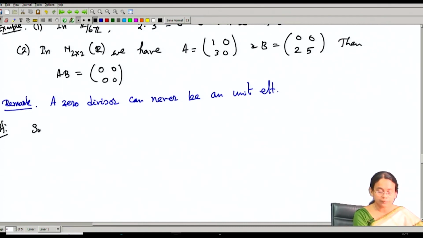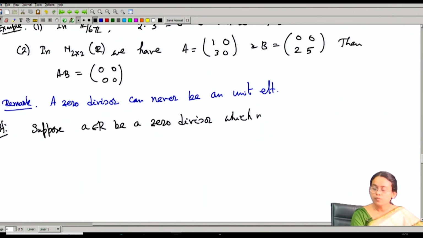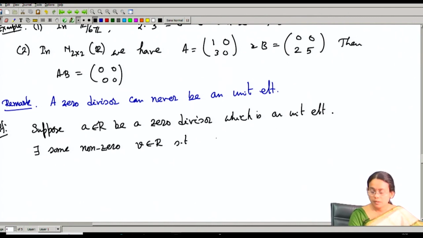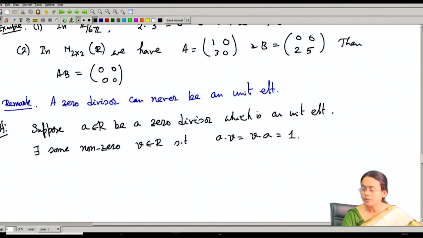So, suppose A belongs to R is a zero divisor which is a unit element. Since it is a unit element, there exists some non-zero element V in R such that A into V is the same as V into A, equal to the identity. This is because A is a unit element.